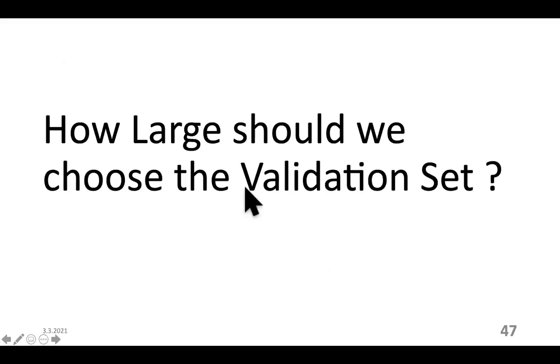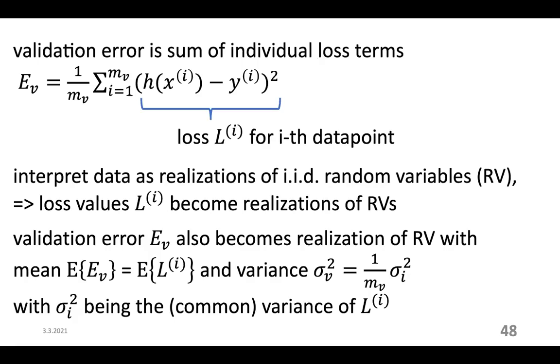Okay, then we had before the question, how large should the validation set be? It's difficult to come up with general guidelines because the required size of the validation set depends very much on the statistical properties or on the distribution of the data sets.